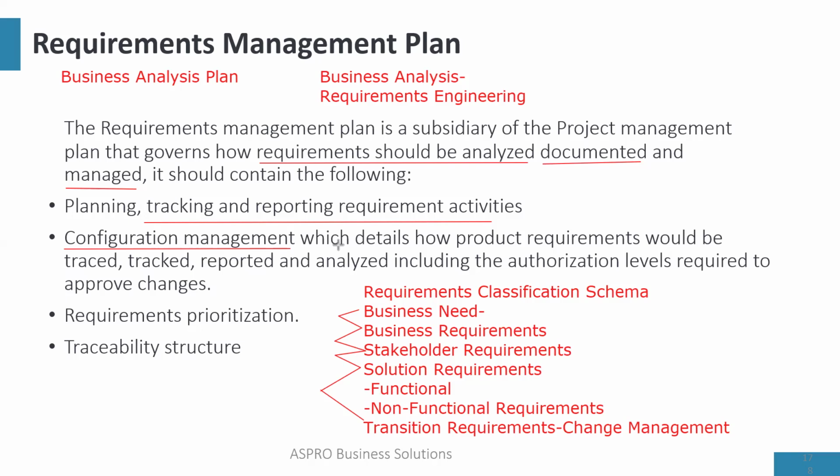Now, when we cannot trace back to the business need, that usually shows us things that are out of scope. When we cannot trace a requirement back to the business need, then that requirement was probably added by someone who is not following the business need.